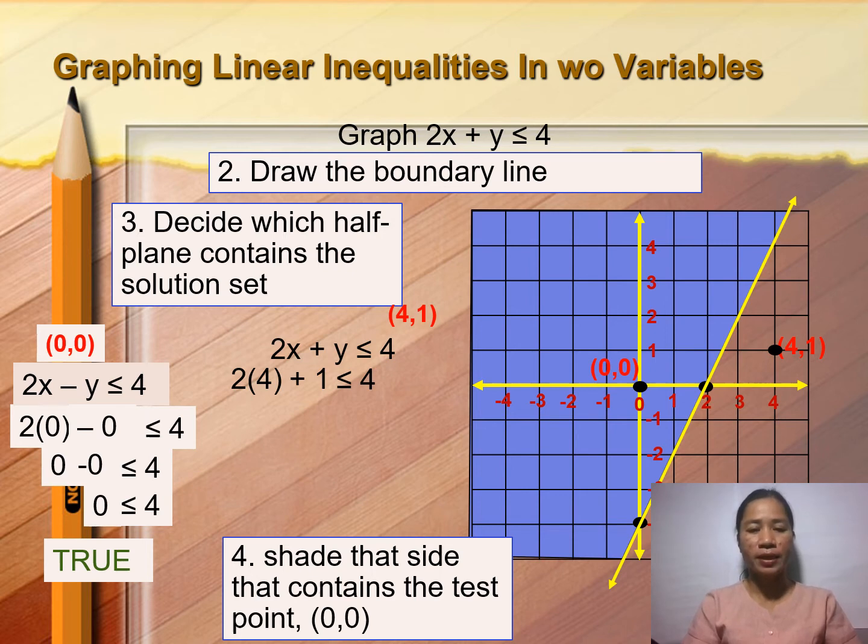So that is 8 plus 1 less than or equal to 4, which is 9 less than or equal to 4. Is 9 less than or equal to 4? False. It is not true. Therefore, 4, 1 is not a solution of our inequality.